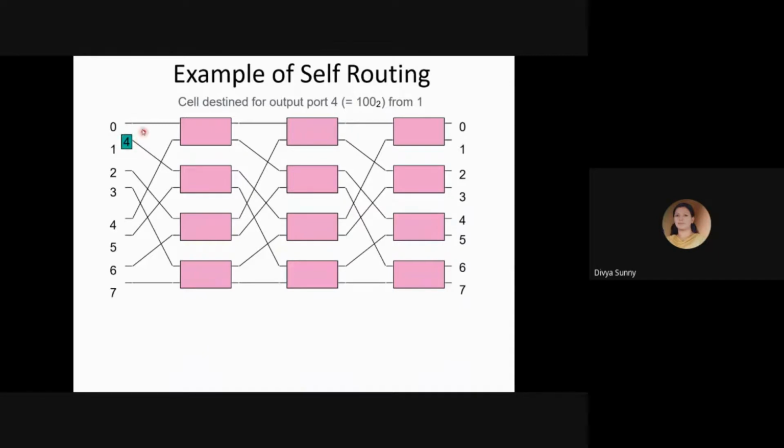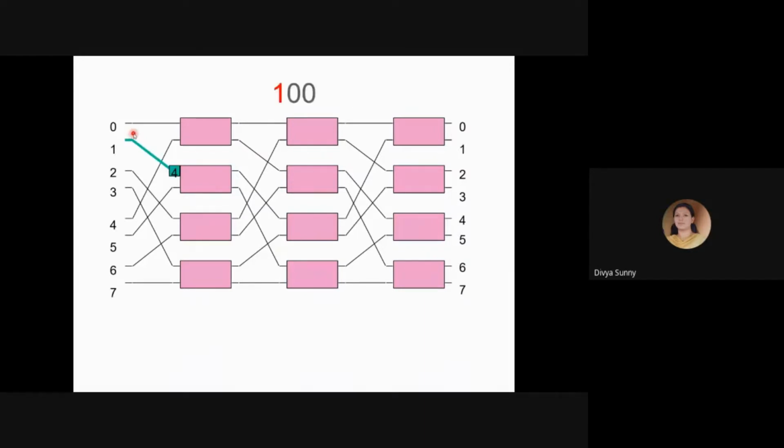So at the source, the bit pattern generated is 100. Okay, so 100 is the binary equivalent of destination 4.